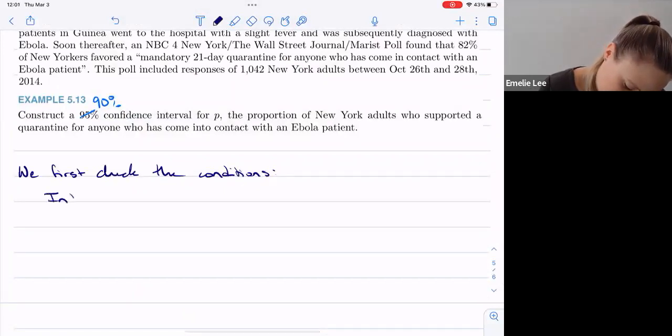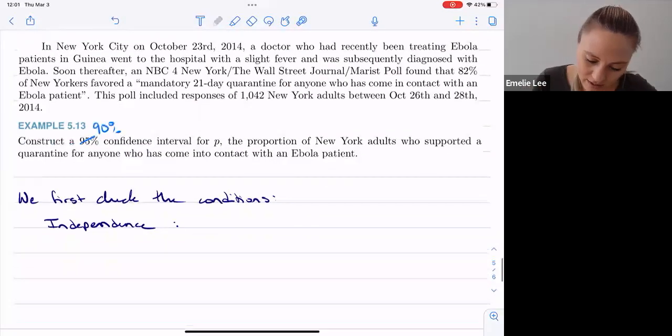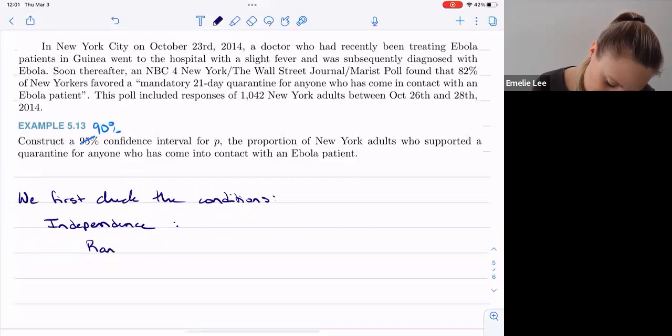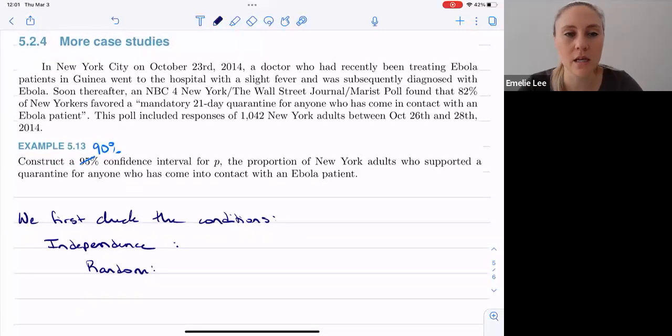The independence condition. Well, how do we check if the sample's independent, or if we can assume that it's independent? Well, we can make sure it's randomly selected.